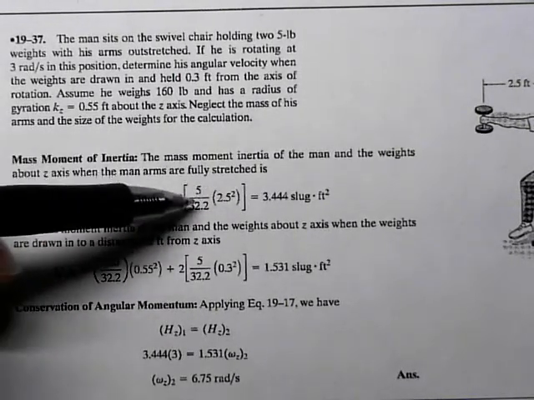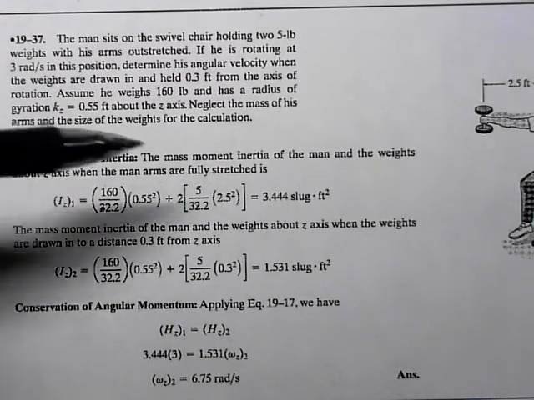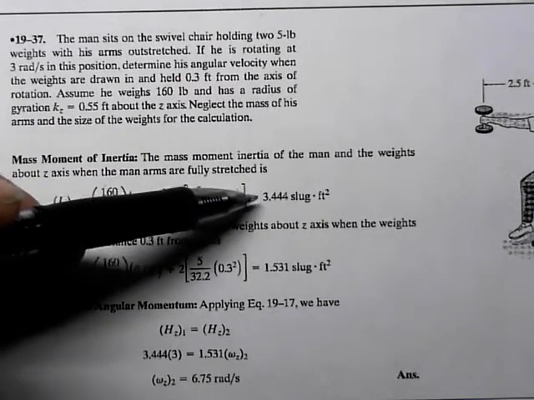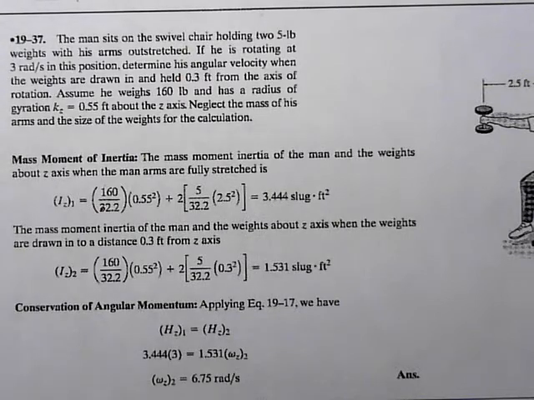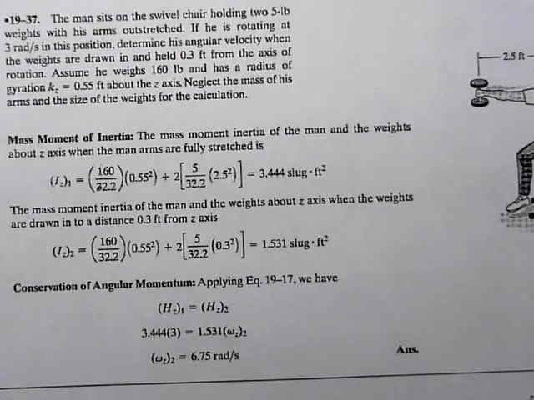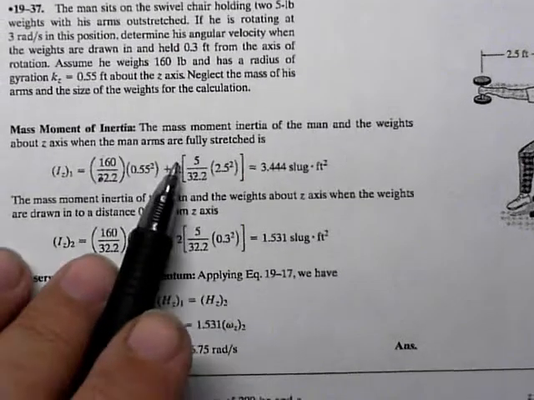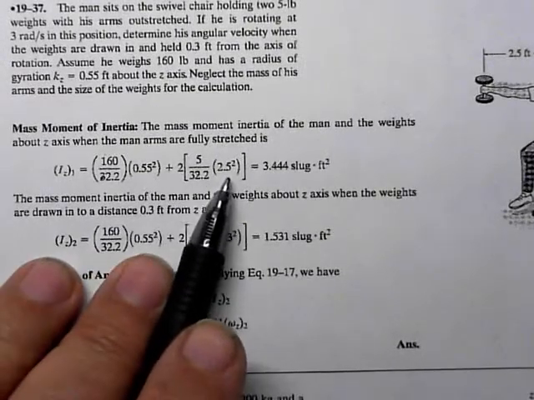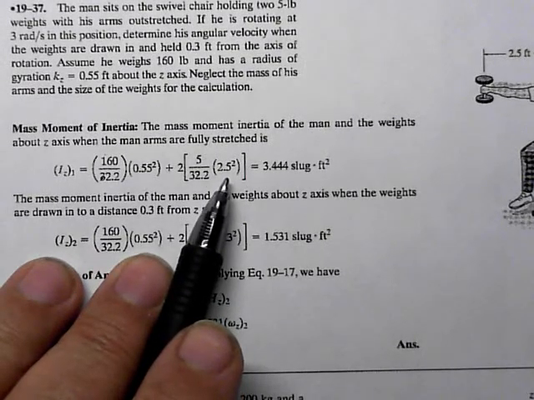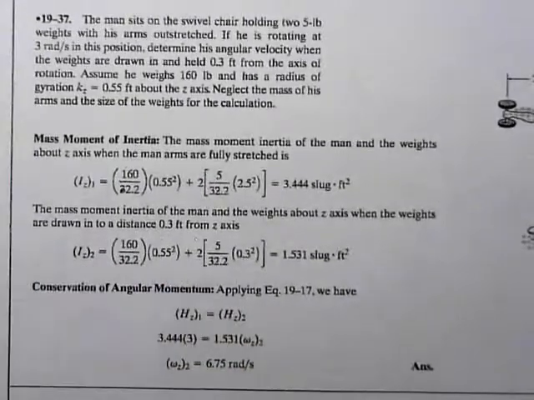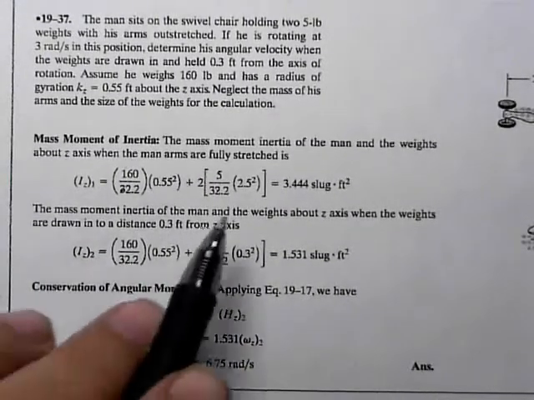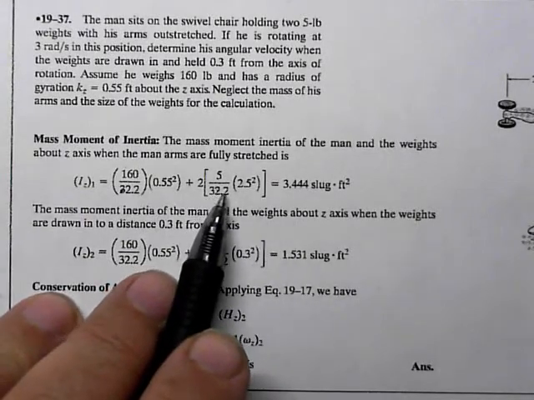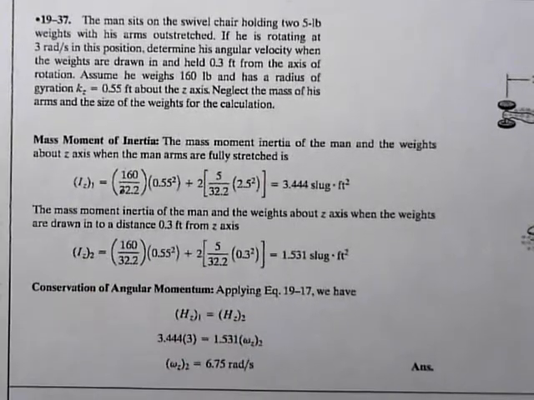So 2 times m times r squared is equal to a total of 3.44 slug-foot squared. Okay, and let's see, this is an mr squared term. We haven't really dealt with point masses, but a point mass away from an axis would have a moment of inertia of mr squared, and we have 2 of them.